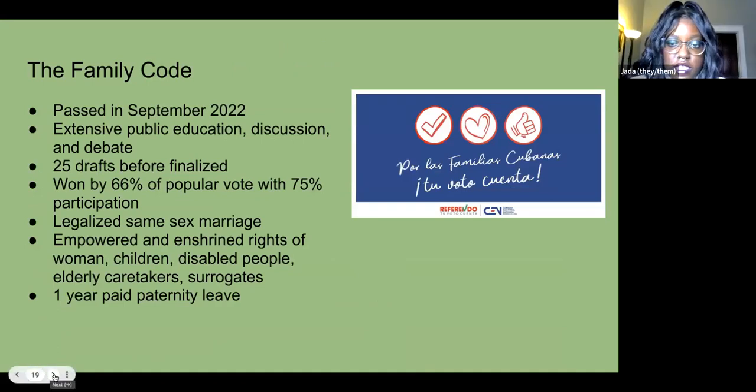Yeah, so thank you so much for all of that context with the family code. All of that was stuff that we learned at the panel on the family code. We had different representatives, like lawyers and people from the Center for Sex Education in Cuba.